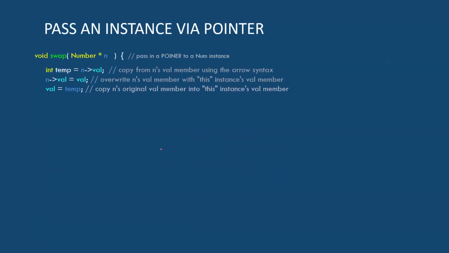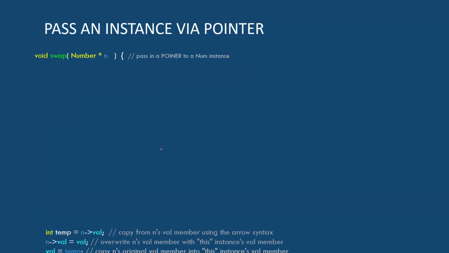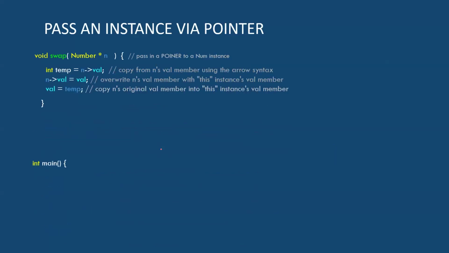But here was, first off, a reminder how we do swapping using an instance inside of a class, right? But here we're passing in a pointer to an instance. So what we really have, somebody gave us an address and it refers to an instance of a number over here.